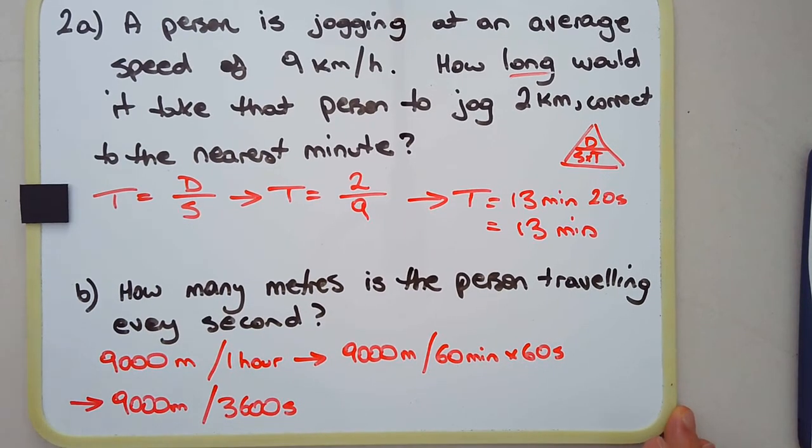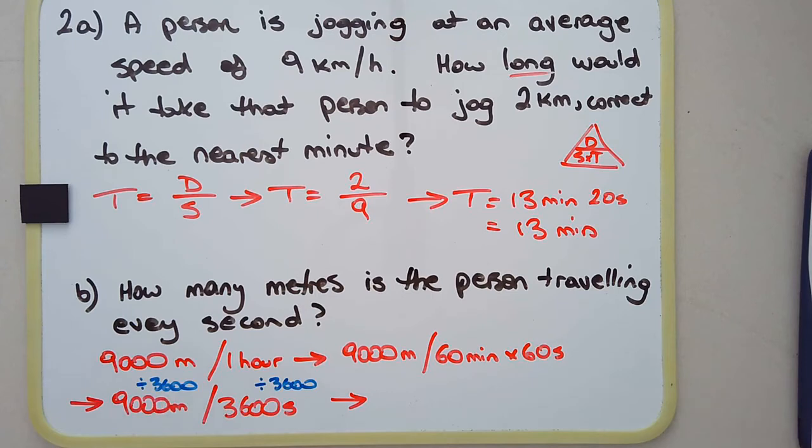But we want the distance covered per 1 second, not for 3,600 seconds. So the last thing we need to do is divide both of these terms by 3,600.